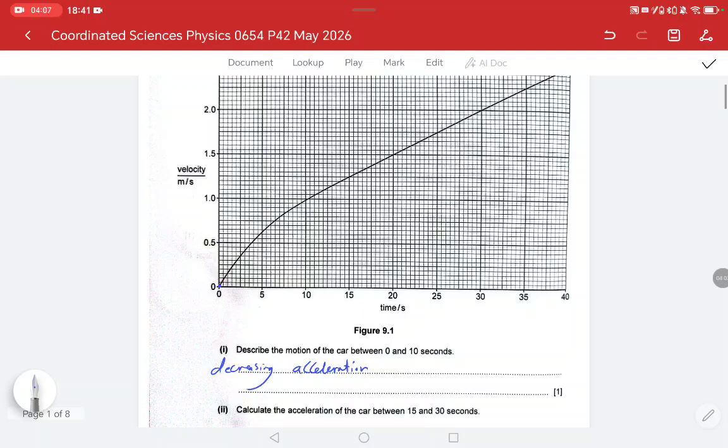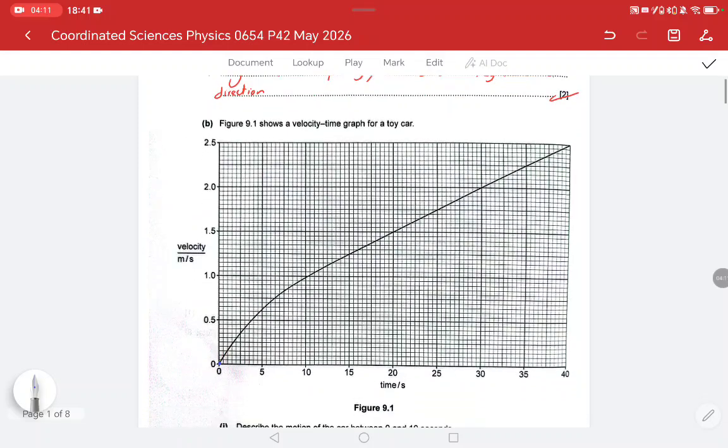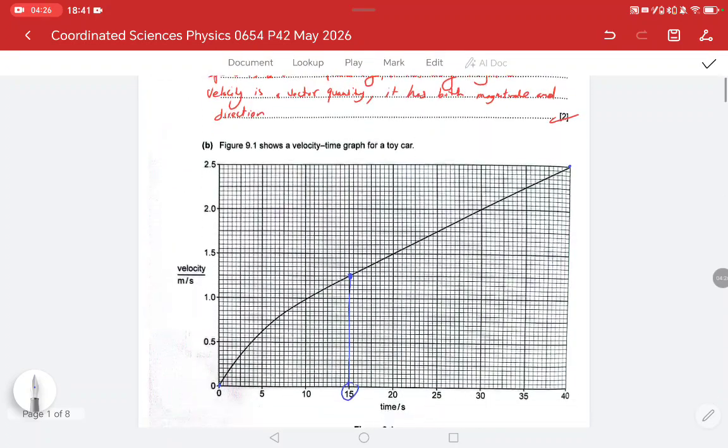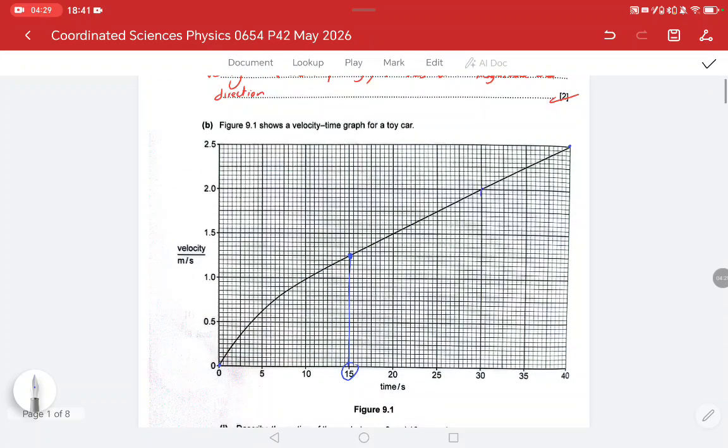Calculate the acceleration of the car between 15 and 30. Okay, so they ask us to find acceleration, so it means that this one will be a straight line. Because this part, from 15 to 30, is what you have in your IGCSE syllabus.